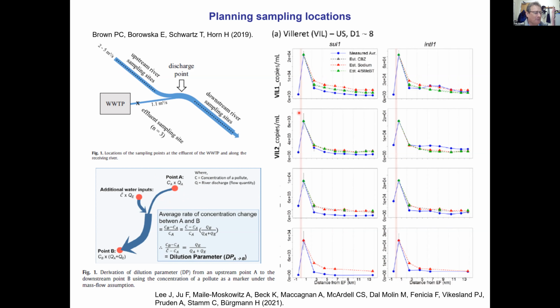And things change, of course. There is quite a rapid change for the first few kilometers, and then not too much happens after that. Once you know this, you can plan your sampling better to get the right kind of distances from the point source to observe where things actually change.